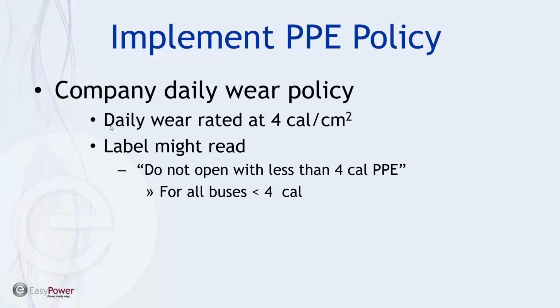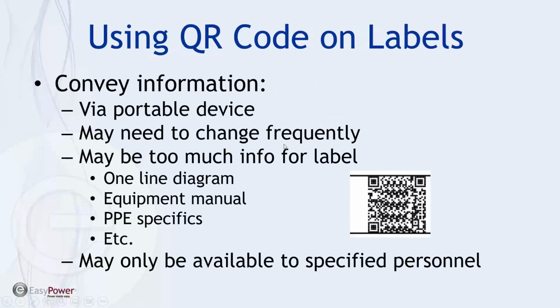And if you got a question on how to do that, but basically it's if I'm less than or equal to 4 calories, use this text as a display. If it's greater than 4 calories, just show the instant energy in calories per square centimeter. That brings me to the QR code.